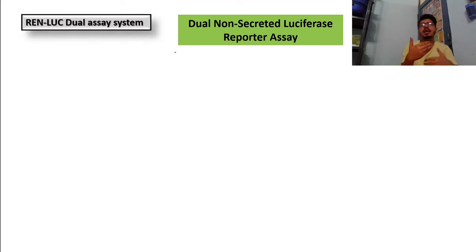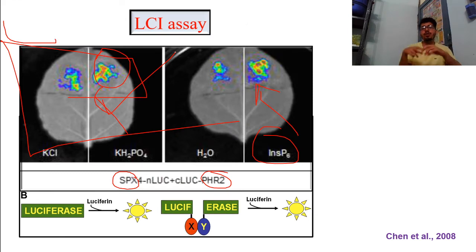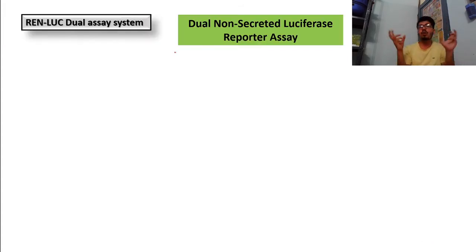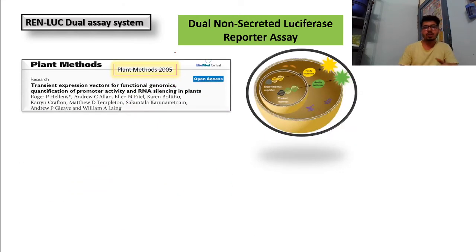Come to the next assay. This is called the Renilla luciferase assay. Here it is only a luciferase assay. You have taken the N terminus and C terminus. There is a dual system, and I will discuss how we will use it. The Renilla luciferase assay is again used for transient gene expression, and one Renilla luciferase is used as an internal control.